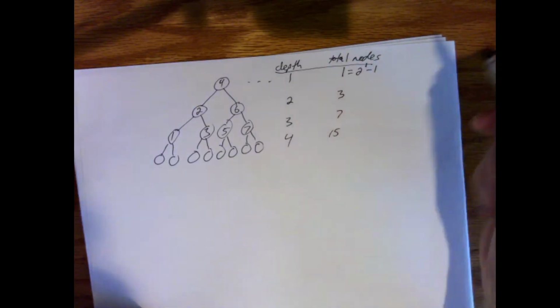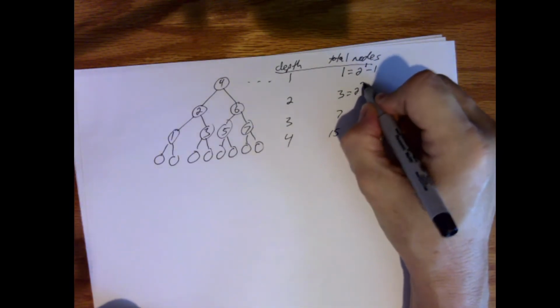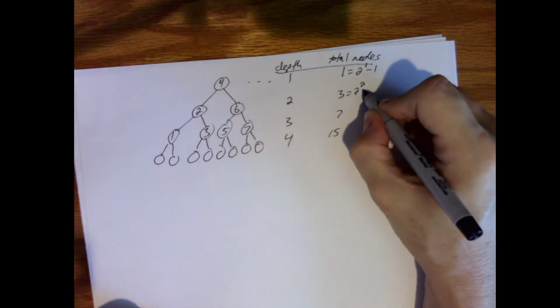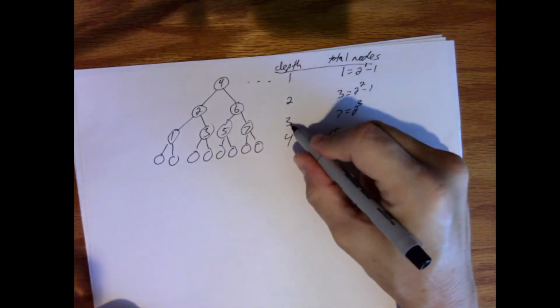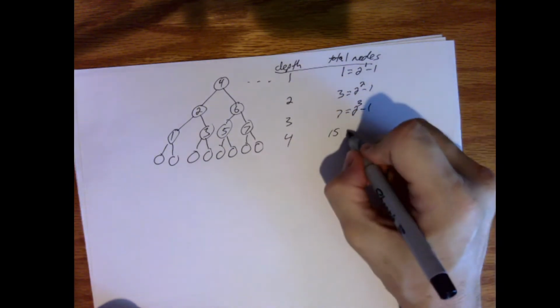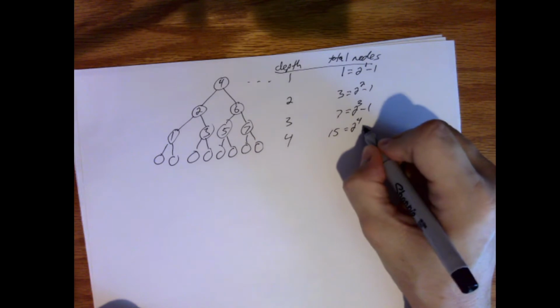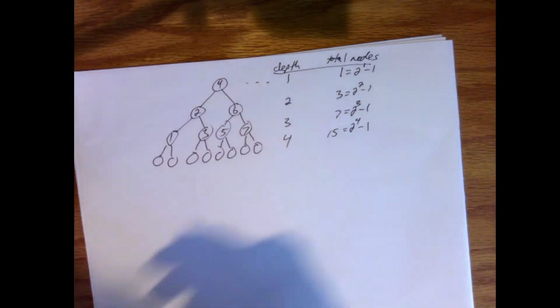For depth 1, 2 minus 1 is 1. 2 squared is 4, minus 1 is 3. 2 cubed minus 1 is 7. 2 to the 4th is 16, minus 1 is 15. And it continues that way.